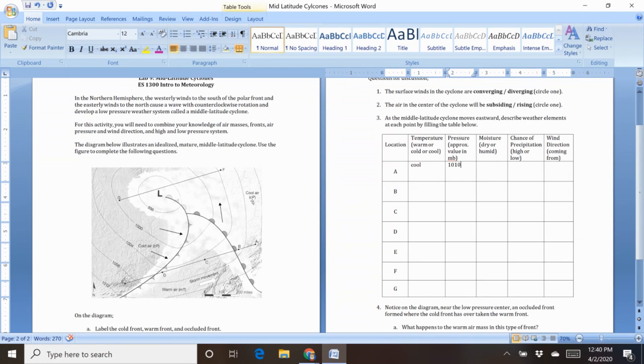So if continental determines humidity, and tropical determines the air mass, polar determines how cool it is, we know that this is a dry air mass because the maritime would mean it would have to be moist or humid. So because it's continental, we know it's dry. Remember, maritime, like this one down here where it says warm air, MT, the maritime would mean it would be moist, and the T for tropical would mean it's warm.